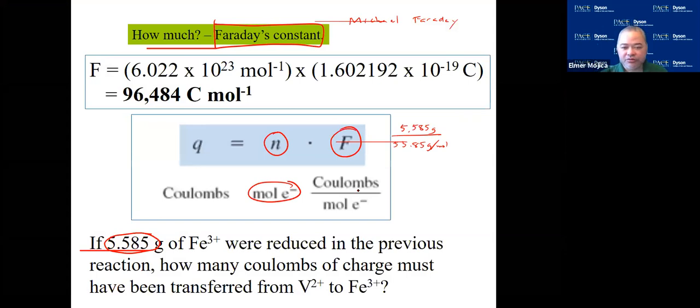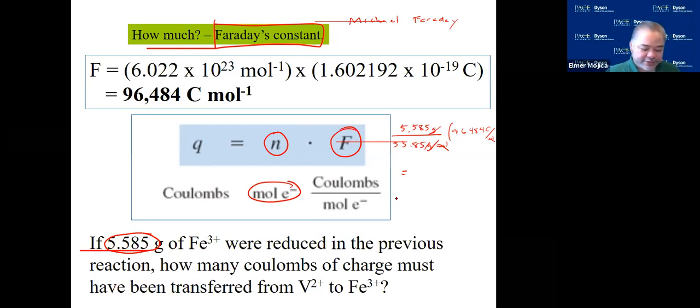So what we're going to do is multiply it with the Faraday constant, which is 96,484 coulombs per mole. So the grams cancel, and the moles cancel. So what's the value that you have? I just need to get my calculator. What do I get?